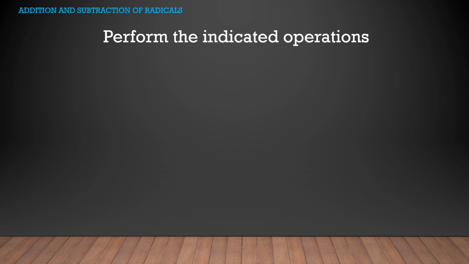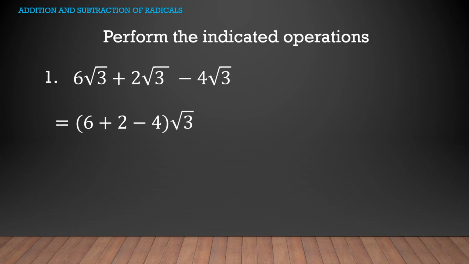Okay, let us perform the indicated operations. Example number 1. We have 6 square root of 3 plus 2 square root of 3 minus 4 square root of 3. We can combine the coefficients and affix the common radicals.